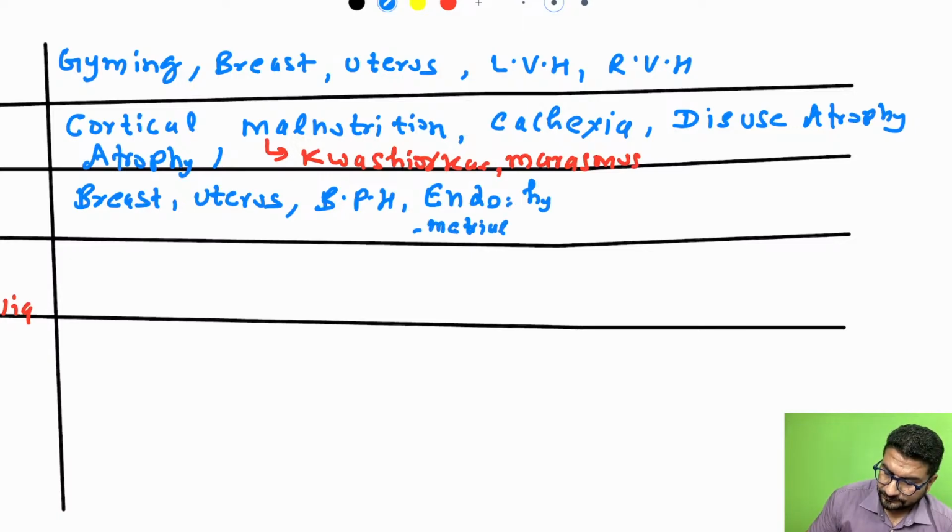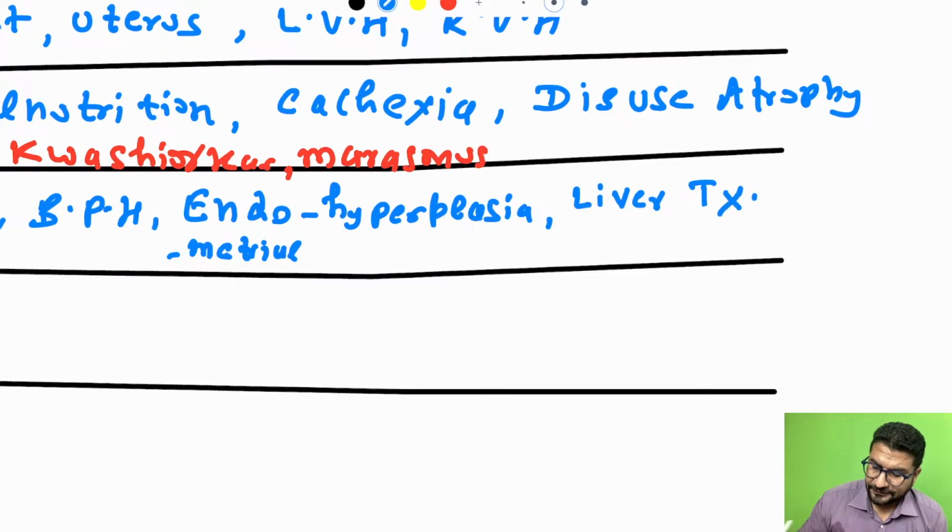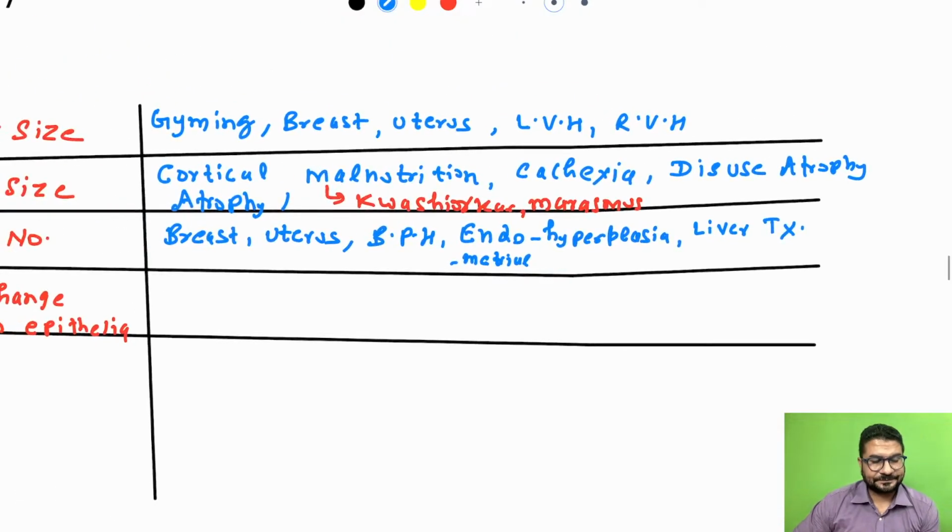Then you can see hyperplasia even in a patient who is having liver transplant. So liver transplant में जो hyperplasia होगा, इसको बोलते हैं compensatory hyperplasia.